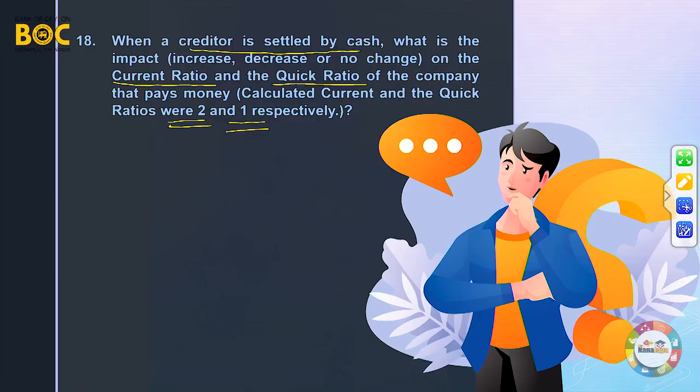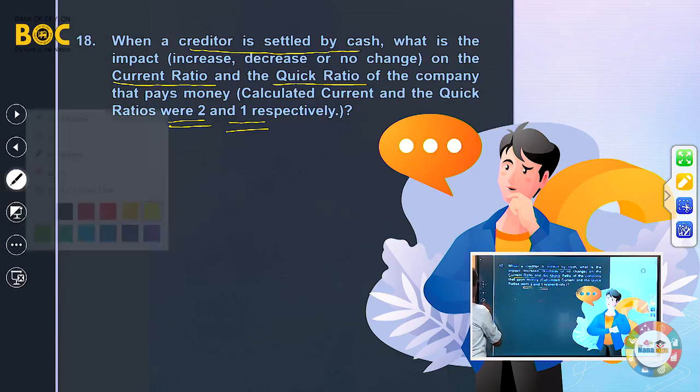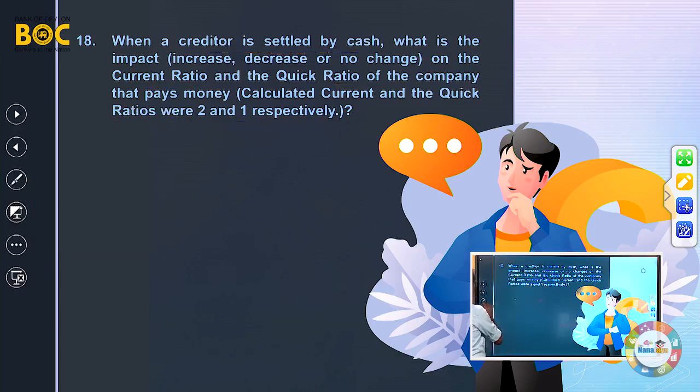Your answer: current ratio increase, quick ratio no change.